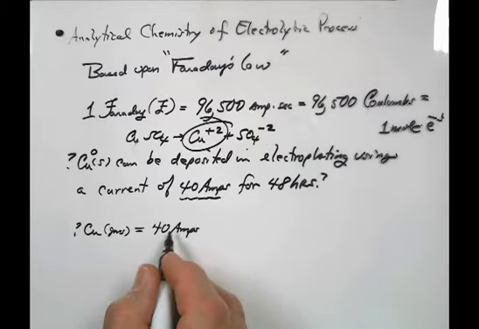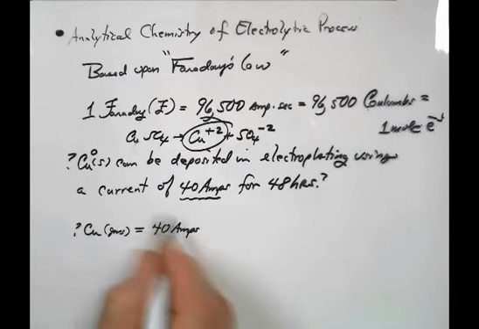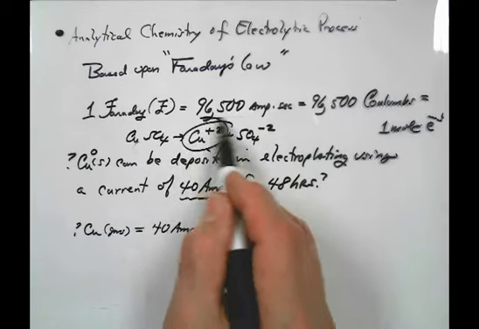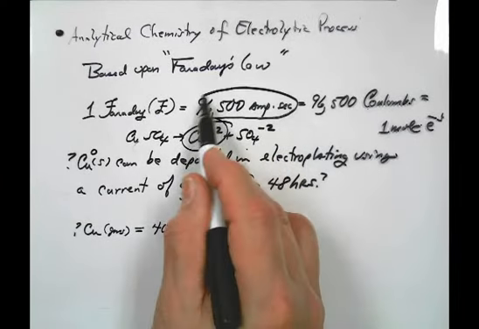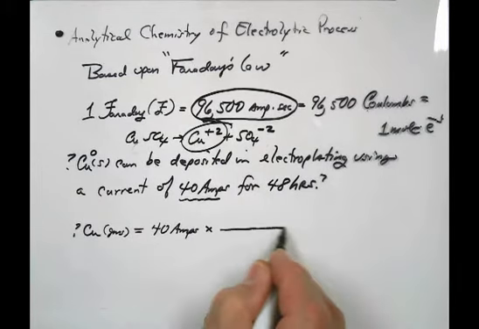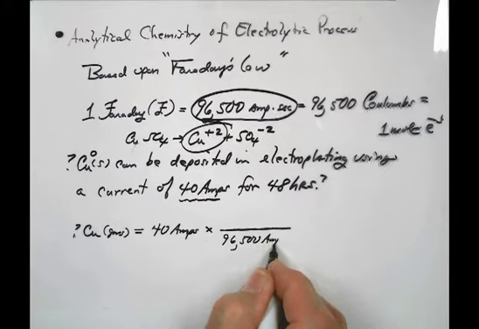Okay, so I got 40 amps. Now I got to get rid of amps, and I'm going to grams. Okay, when you look at the conversion, here's one that's got amps in it. So what I do is times, sign line, 96,500 amp seconds.